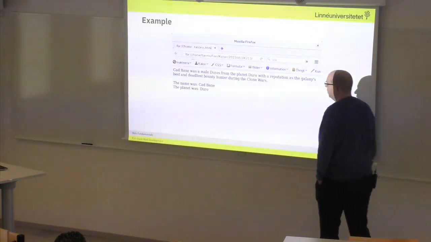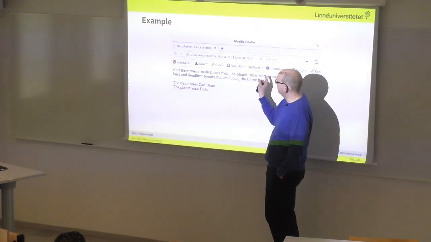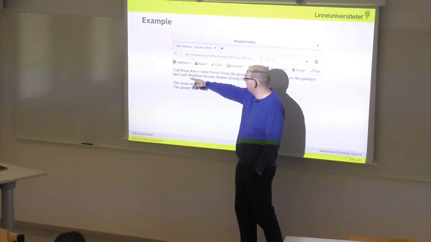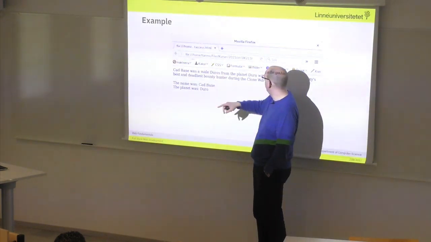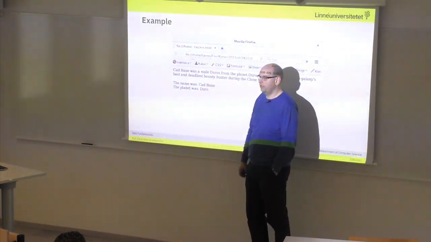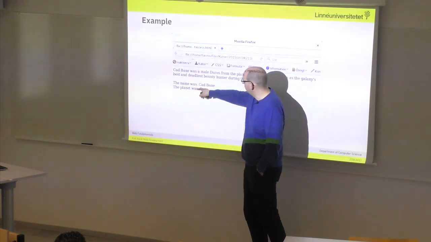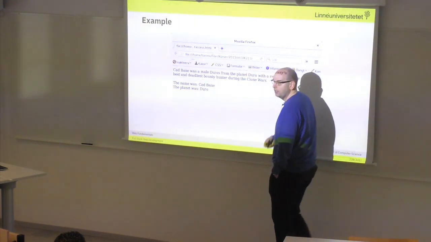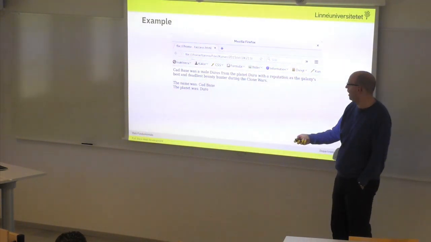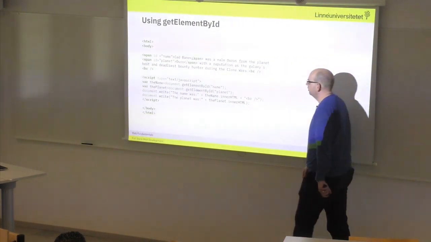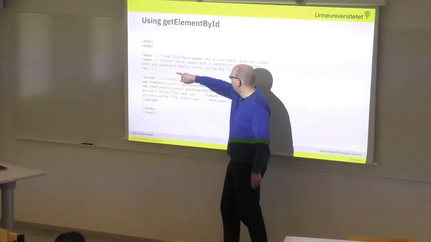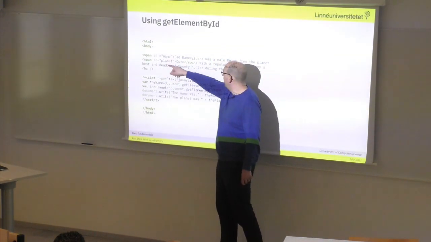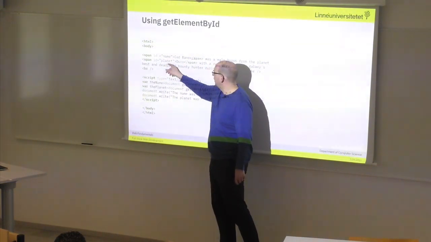Here, what we want to do is to look at this text, and we've marked it up with spans. So Cad Bane and Duro, over there Duro, are spanned, and we later on just print out whatever is inside of those spans. So it looks like this. This is the text again. So we have a span with the ID name, and we have a span with an ID planet.